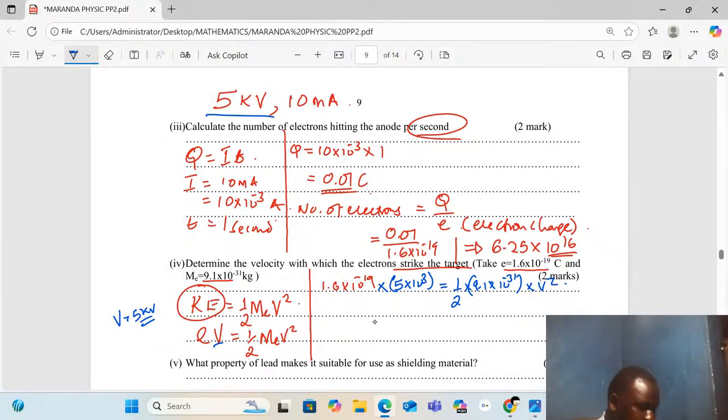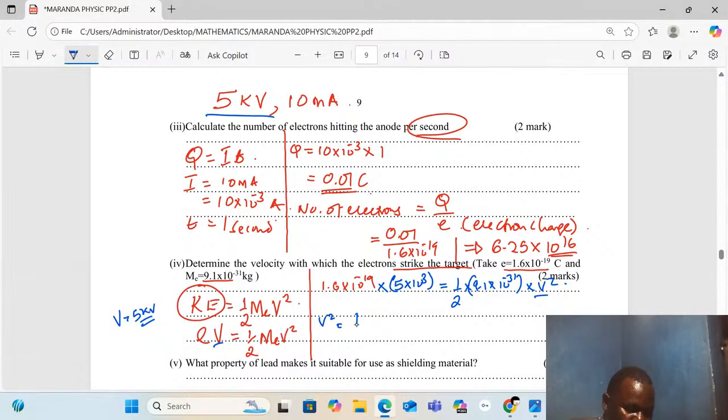So our v squared, making it the subject of the formula, will be divided through by 9.1 times 10 raised to power negative 31, and you multiply through by 2.